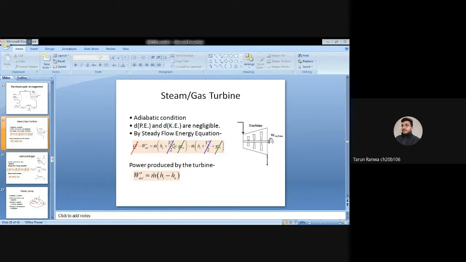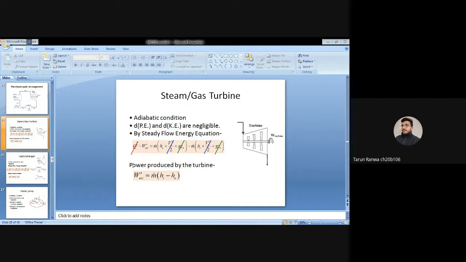In steam turbine processes, all processes are adiabatic, and the change in potential energy and change in kinetic energy are negligible. By the steady flow energy equation, we can write Q dash minus W dash external equals m dot into (He plus Ve square by 2 plus gZe) minus m dot into (Hi plus Vi square by 2 plus gZi). Here the changes in potential and kinetic energy are negligible, so these terms cancel, and for the adiabatic process Q dash equals 0.